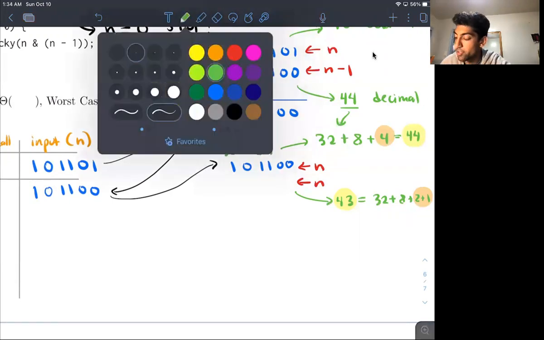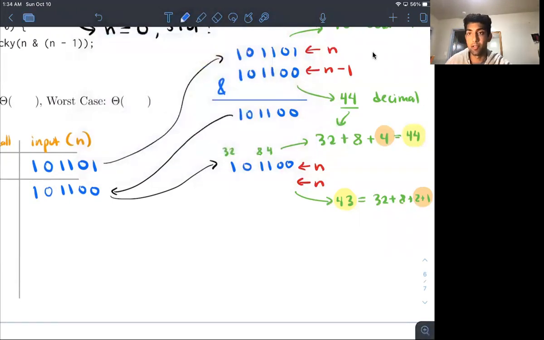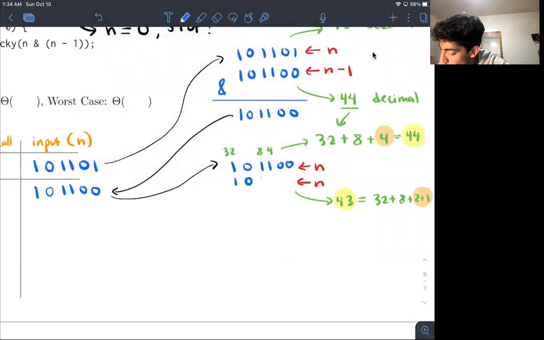Let's see how that translates when we're looking at these numbers in binary on top of each other. So I have 1, 0, 1, because that's the 32 and 8, and we don't have anything in the 16 spot. And now what's going to happen is that I have nothing in the 4 spot, and then I have a 2 and a 1.